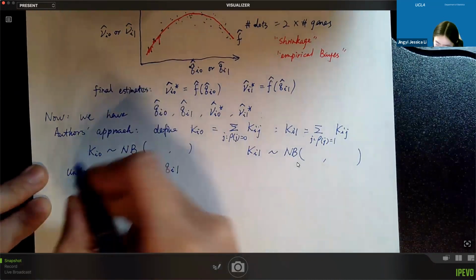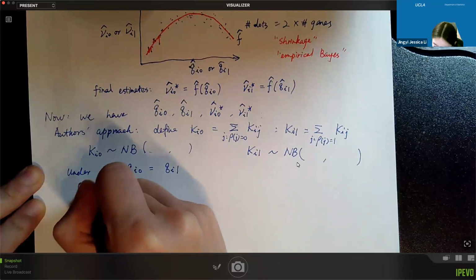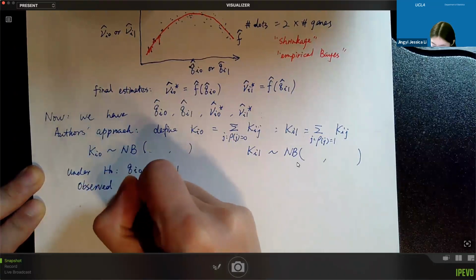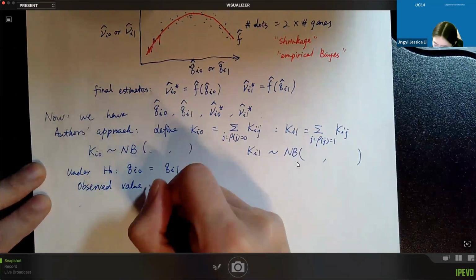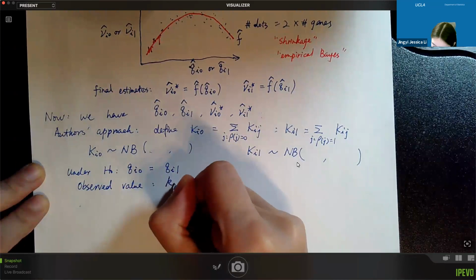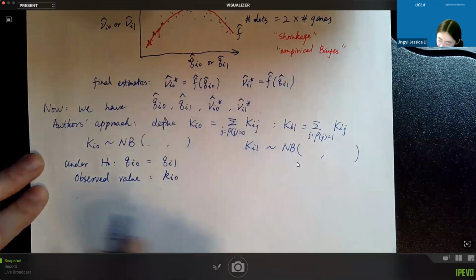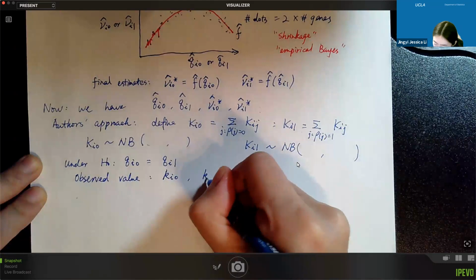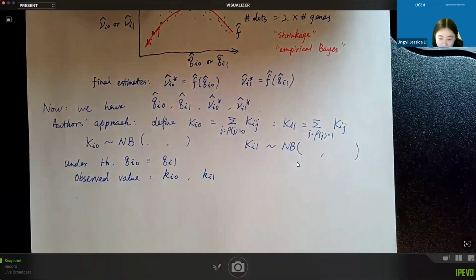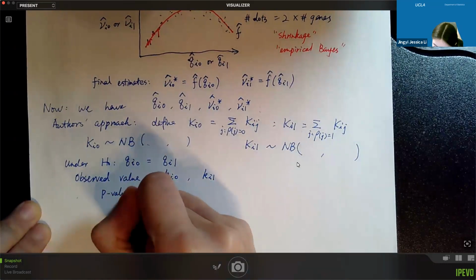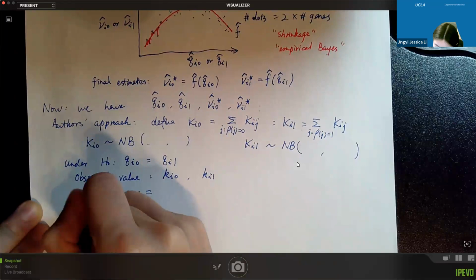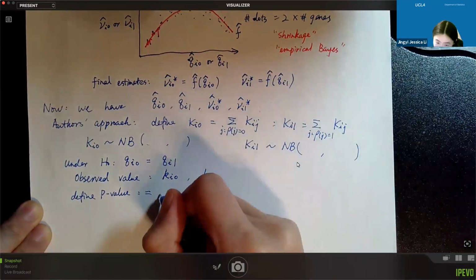Suppose that our observed values are lowercase Ki0 and Ki1. This is what we observe in our data for these two numbers. So they say that the p-value is defined as this.